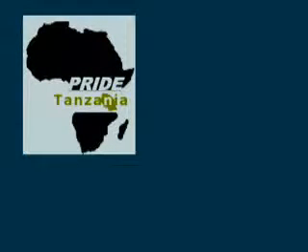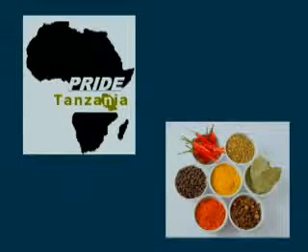I'm giving an example. Microfinance institution, Pride Tanzania, has been funding producers who are involved in the paprika value chain. And here you have a private firm called Tanzania Spices who are buying paprika to export to the Spanish market.